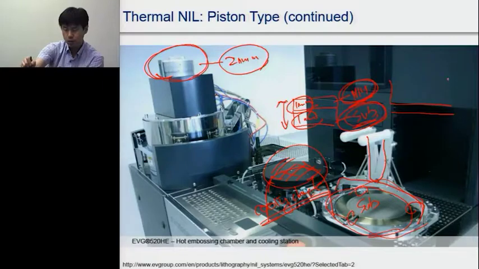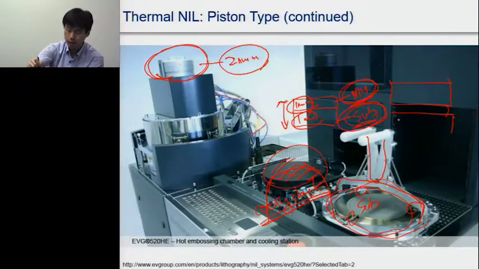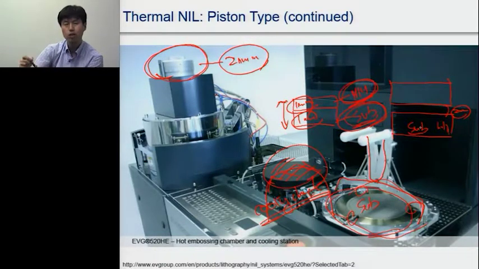When the piston comes down and separates, this is the substrate holder. When the piston reaches 2 millimeters above the substrate holder, the machine thinks that is the zero point. So it stops at this point and then applies the pressure.